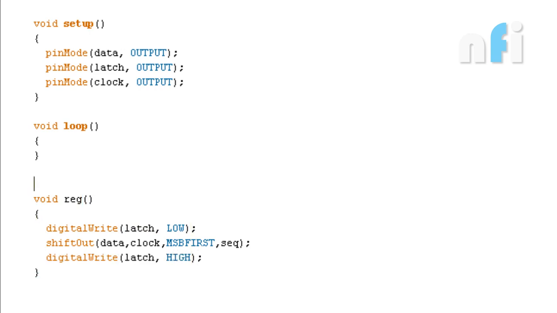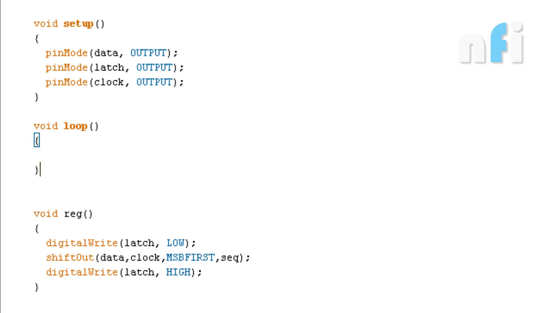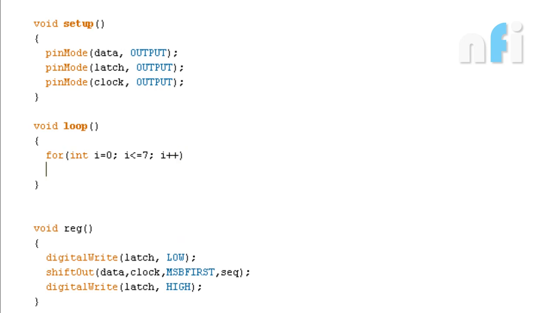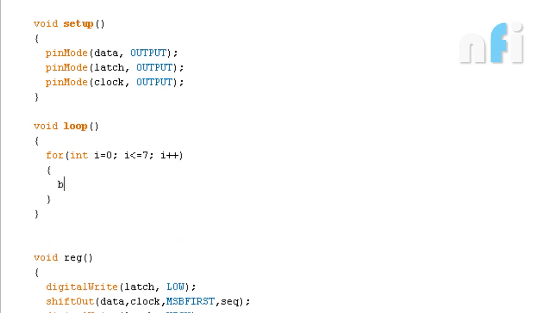Okay, so now to turn on your LEDs, let's do our loop section. Just declare your for loop ranging from 0 to 7. Now, to turn on the LED, just write bitSet, write down your sequence, and the value ranging from 0 to 7.